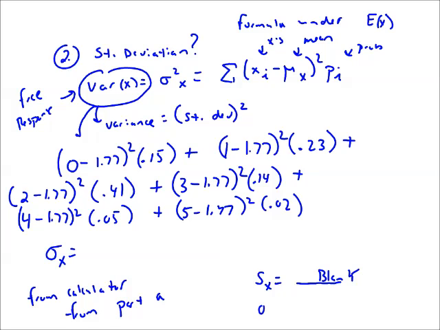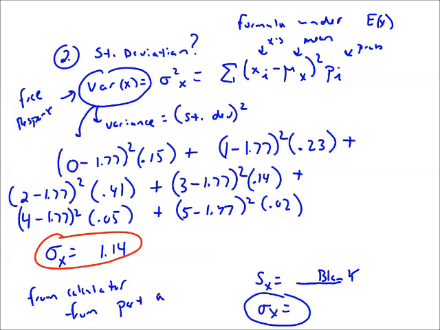So obviously we can't use it this time. So this time only, we use sigma x in the calculator. This time only. And we get 1.14.